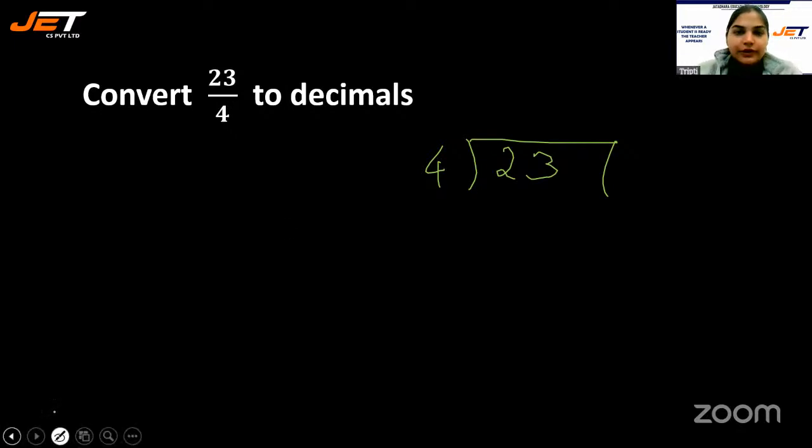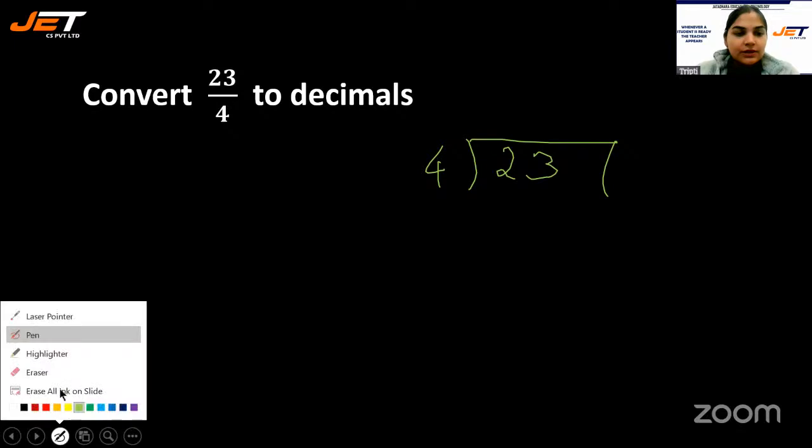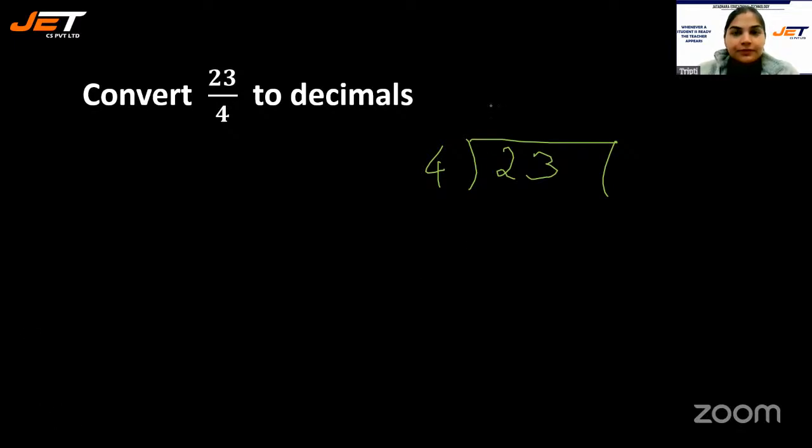So here, how do you do it? 4 times 5 is 20. 3 over here. I'll put an extra 0. I'll bring it down. As I have put an extra 0, I'll put a decimal here.